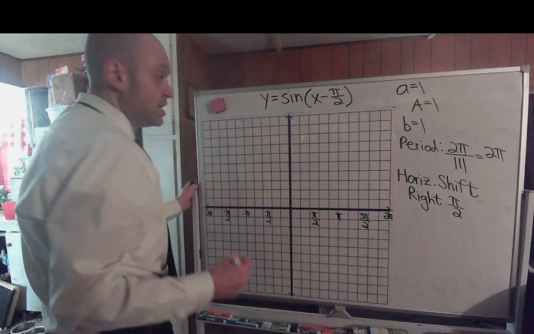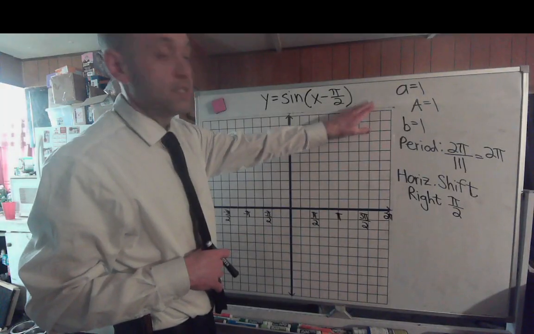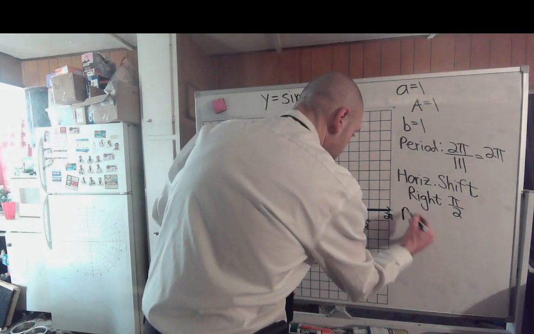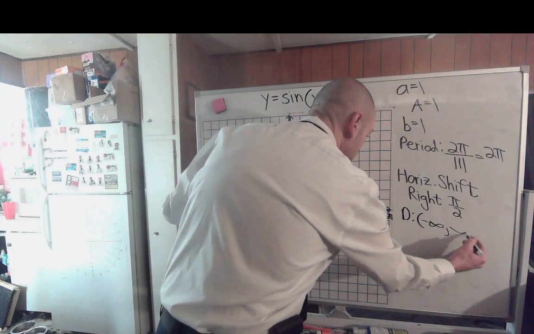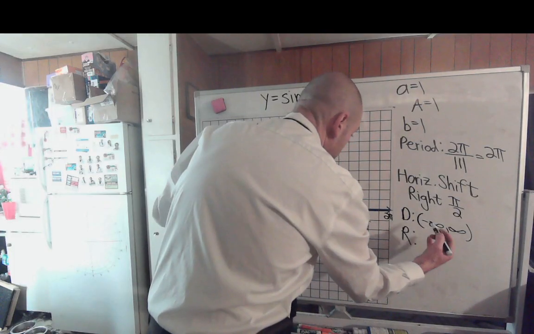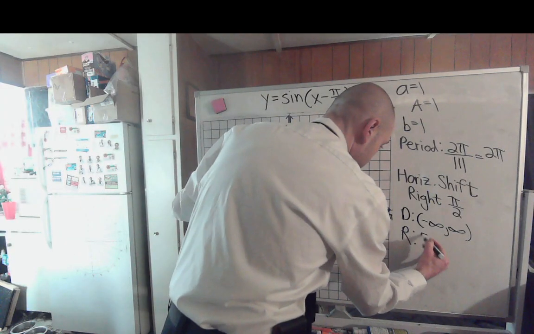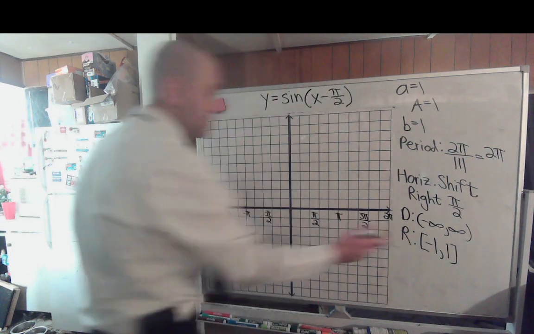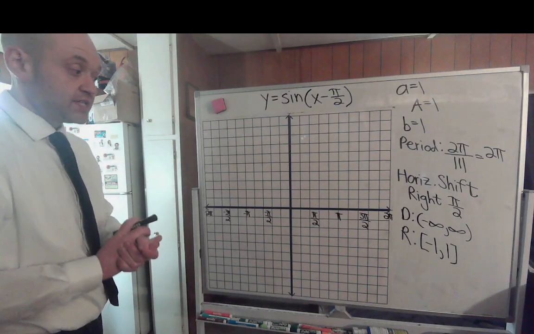Now, do you see any numbers outside the parentheses, plus or minus? You don't, so there's no vertical shift. Now, what's the domain? The domain is still all real numbers. Then what is your range? Your range is still negative 1 to 1 because you don't have any vertical shifts. All right. Let's go ahead and start graphing this.